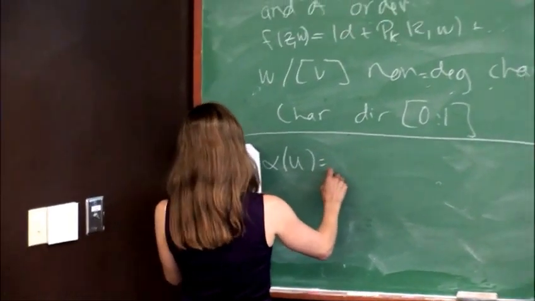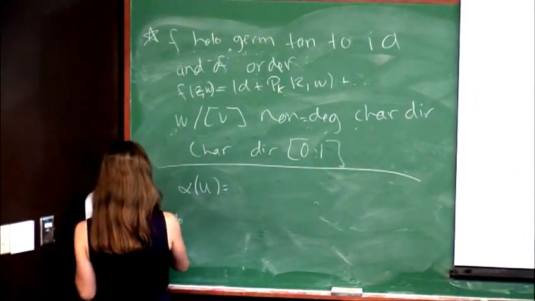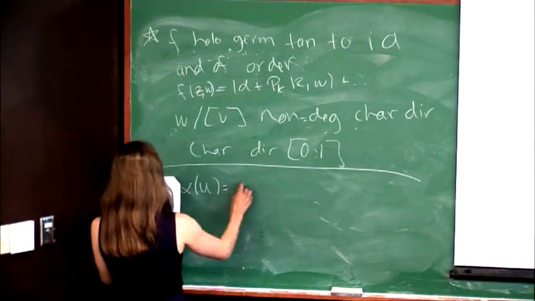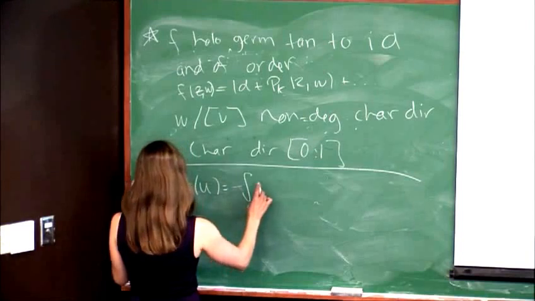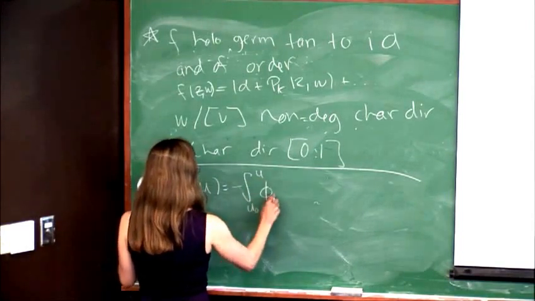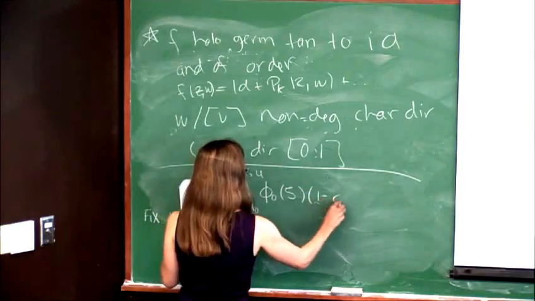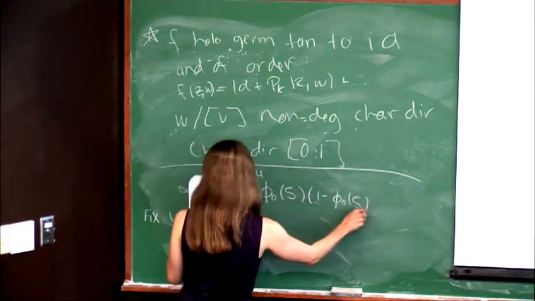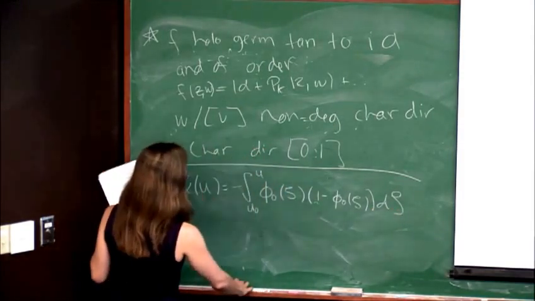So alpha of u, you fix some u naught in the domain, and alpha of u is just negative the integral from that point u naught to u of phi naught of zeta times 1 minus phi naught of zeta d zeta.